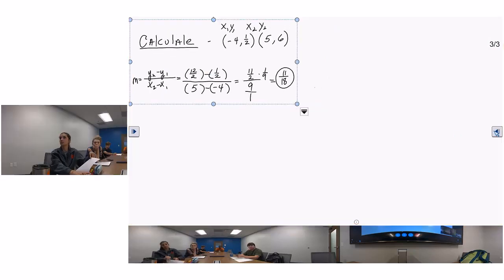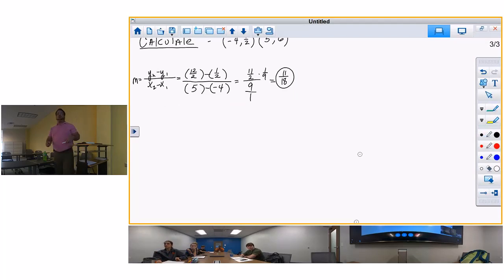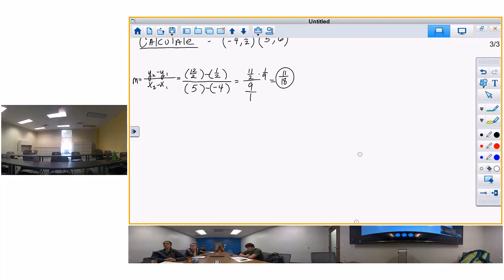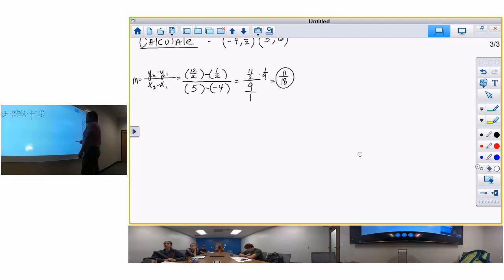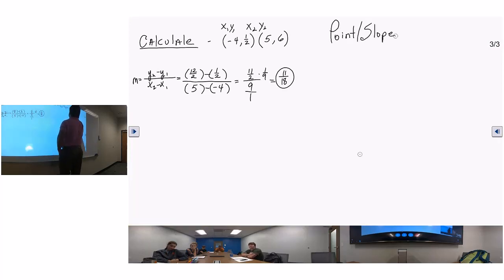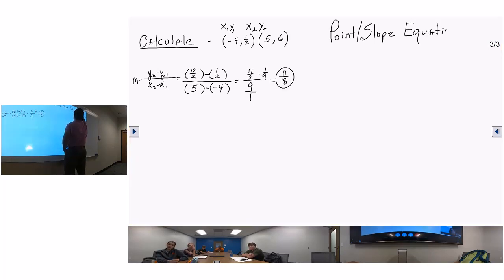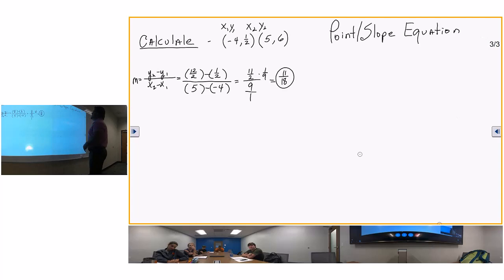All right, let's use the point slope equation now. You need two things for the point slope equation to work. Can anybody tell me what those two things are? You have to have your X and Y. If you have X and Y, what is that called?